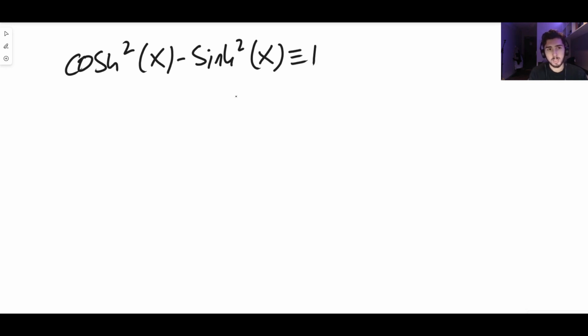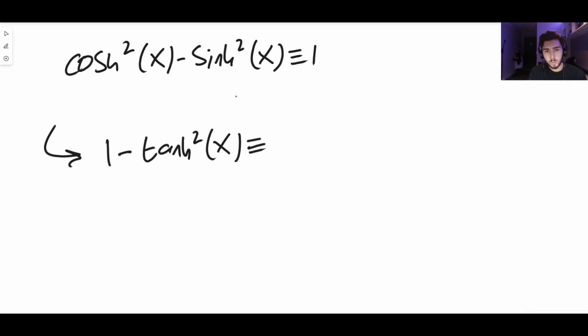If we divide everything in this equation by cos squared, we end up getting 1 minus tan squared x is identical to sec squared x.